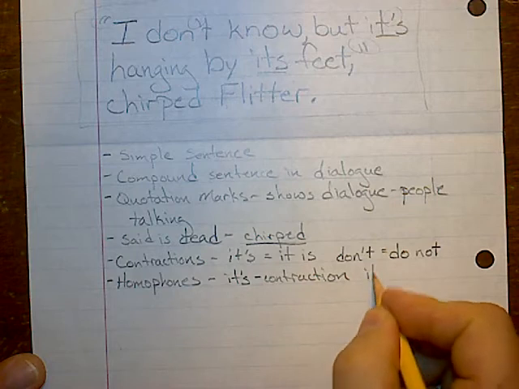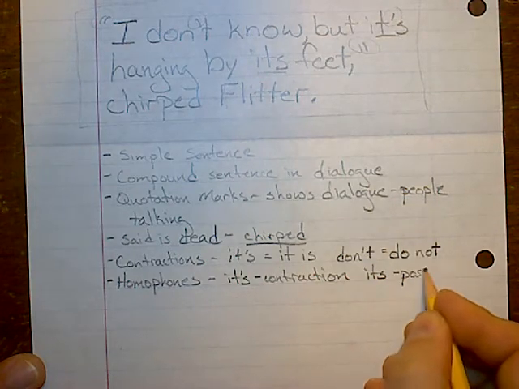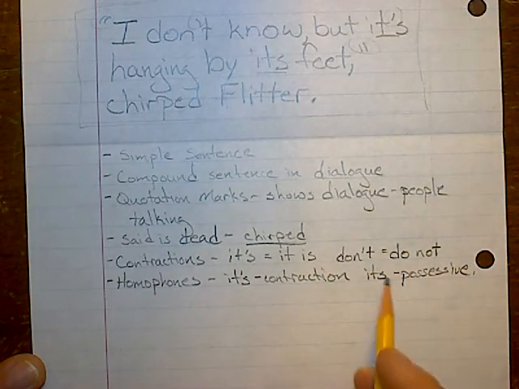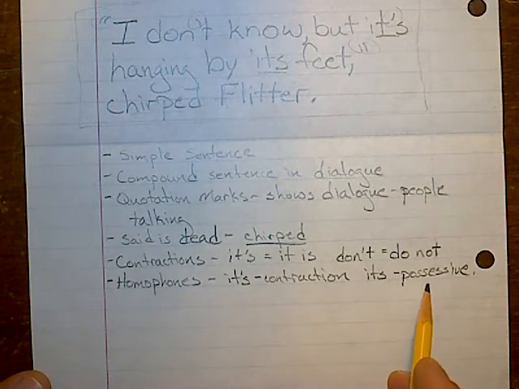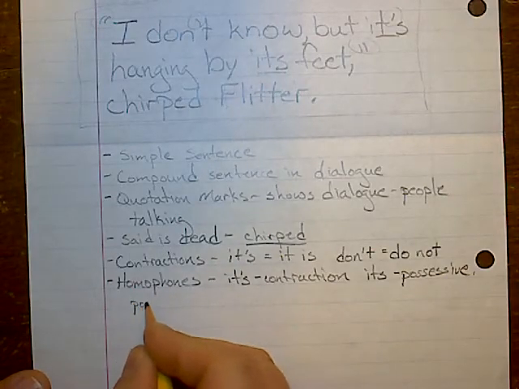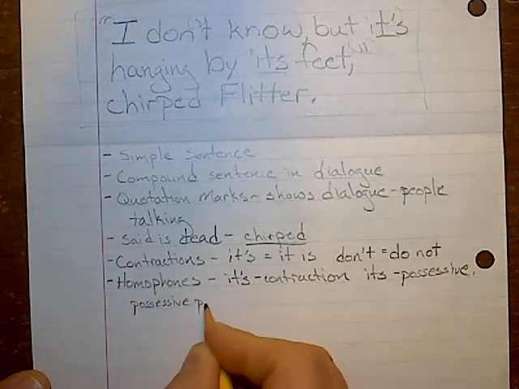The other its without the apostrophe is possessive. Okay, it means that it owns something. Now, usually a possessive has an apostrophe, doesn't it? But there are a group of pronouns called possessive pronouns. You may have just heard our cat.